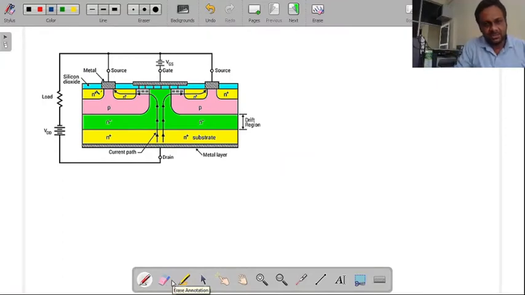Let us discuss the parasitic devices in our power MOSFET. Actually, in this figure we can have two parasitic elements or devices, we can say. This is our NPN transistor and this is our diode.